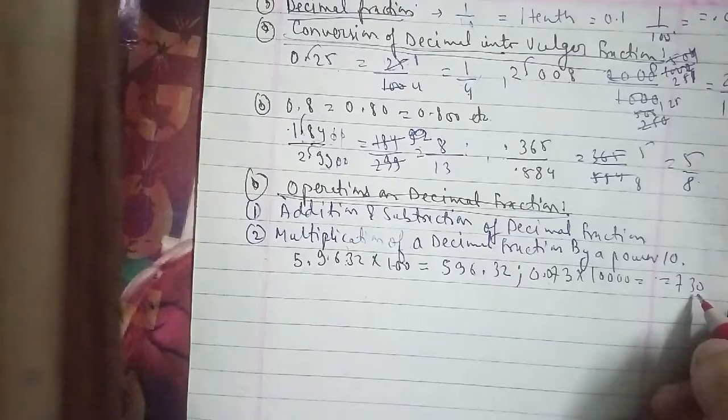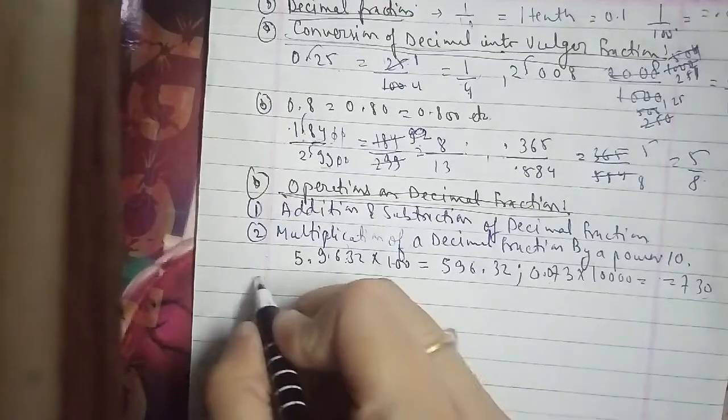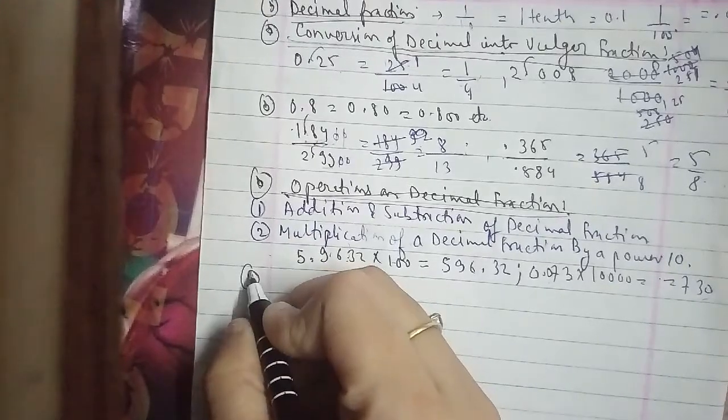Now the third operation we talk about is the multiplication of decimal fractions.